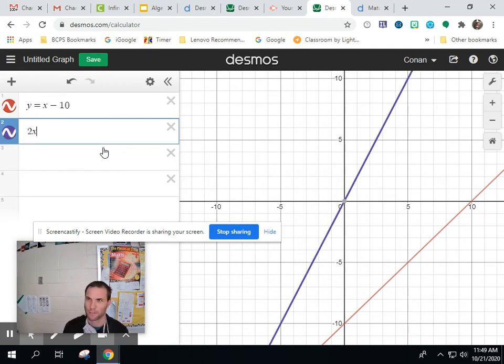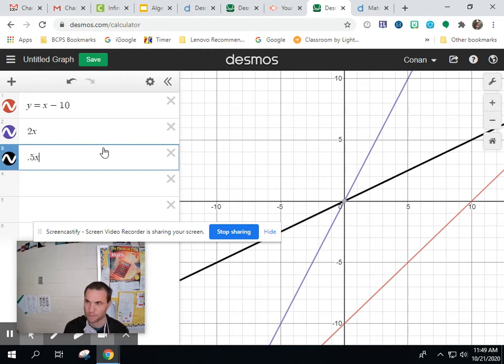So 2x is different than, you know, half of x. So we're moving the line this way, or the slope. And same thing, we're moving the line, but it's not changing the slope, it's just changing like maybe the slope of 1/2 the line. You know, does it go wider or does it go narrower?